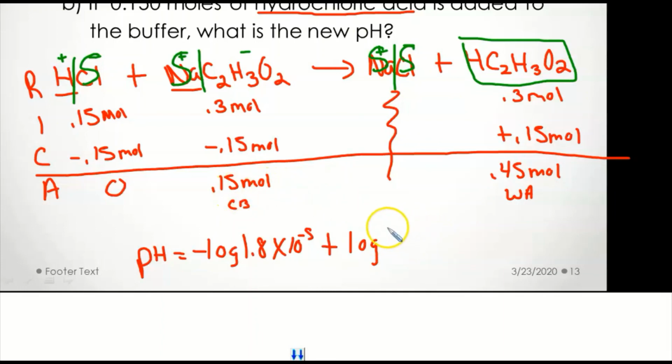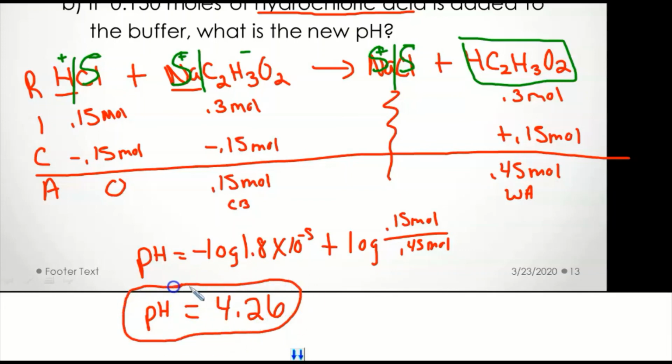I just told you that was the base, 0.15 and 0.45. And then in the calculator, we get 4.26. So the pH did go down. It was hydrochloric acid, which had a pH of 1, and it brought our 4.74 down to 4.26. So not a huge amount of drop there.